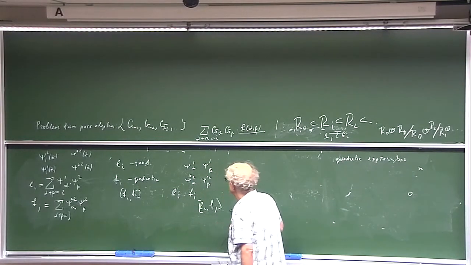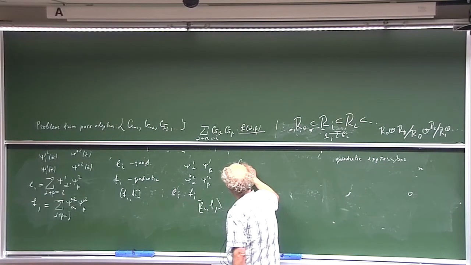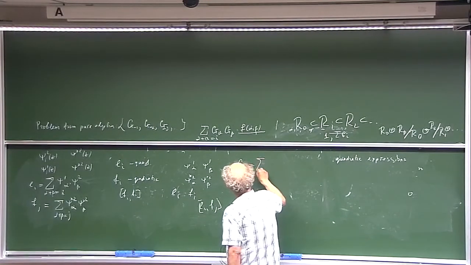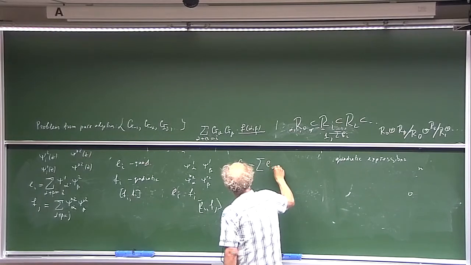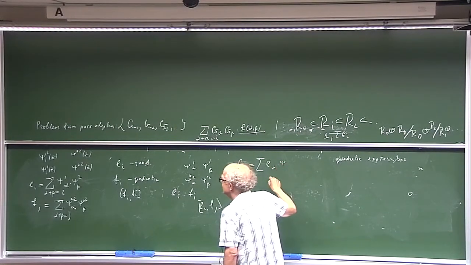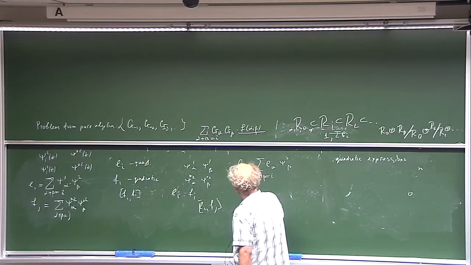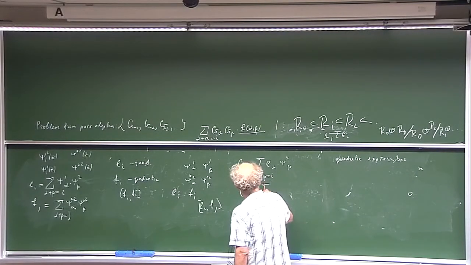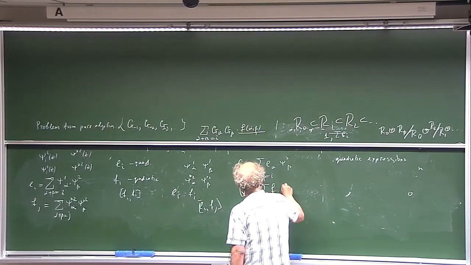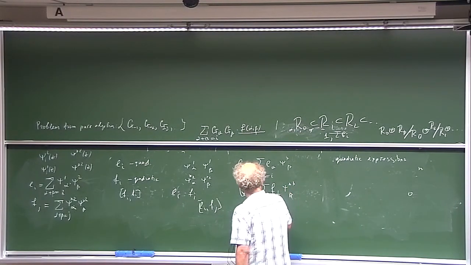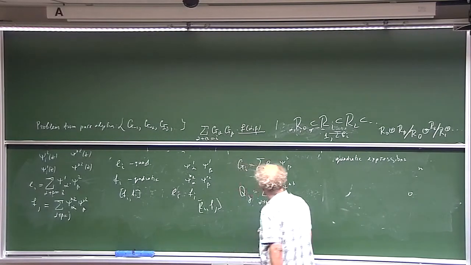You write that G_i is the sum of alpha psi 3 beta, with alpha plus beta equal to i, and Q_i is the sum of F alpha psi star 3 beta, with alpha plus beta maybe equal to j.